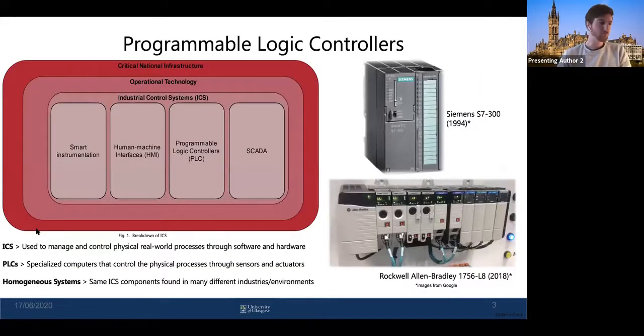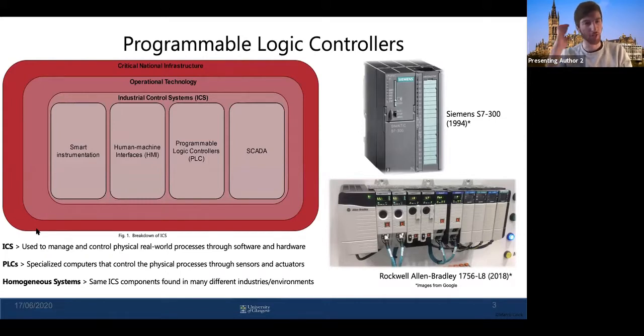Okay, so what are the technologies that we're looking at? I'm sure a lot of you know or have heard of industrial control systems or PLCs before, but there's often a lot of blurriness between what is operational technology and what is industrial control systems. So I included figure 1 there just to make sure that we're all on the same page. I see critical national infrastructure as the wider picture or sector, such as telecommunications or electrical generation.